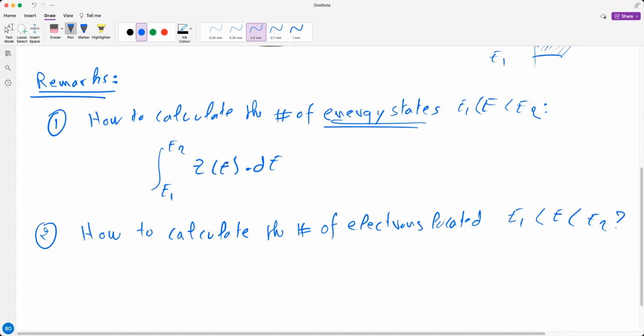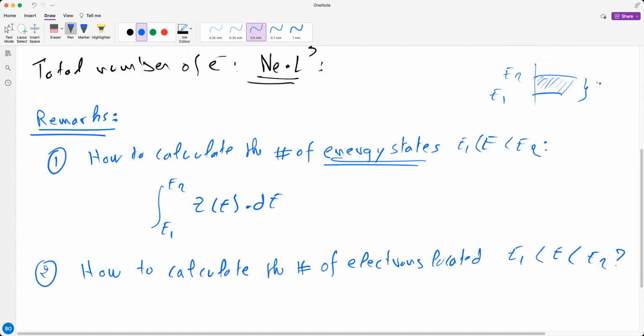Any idea? Using the one you just gave us, it is equal to Ne times L cubed. Well, this is for the whole volume. I don't know what the volume is here. I don't know the volume.